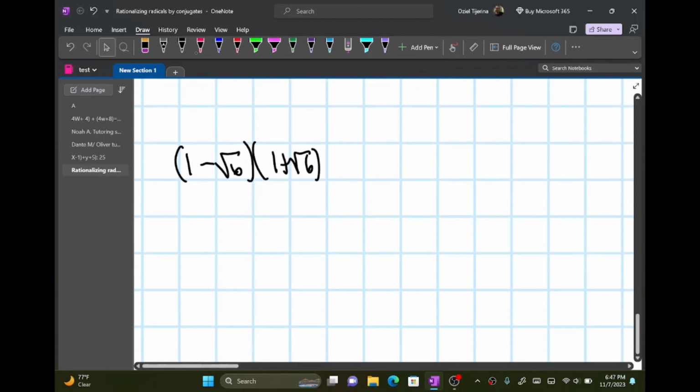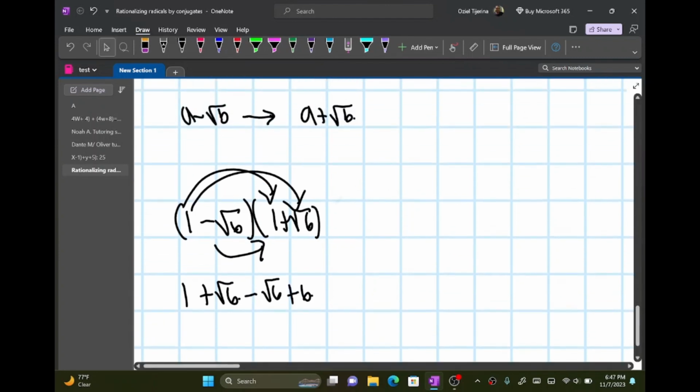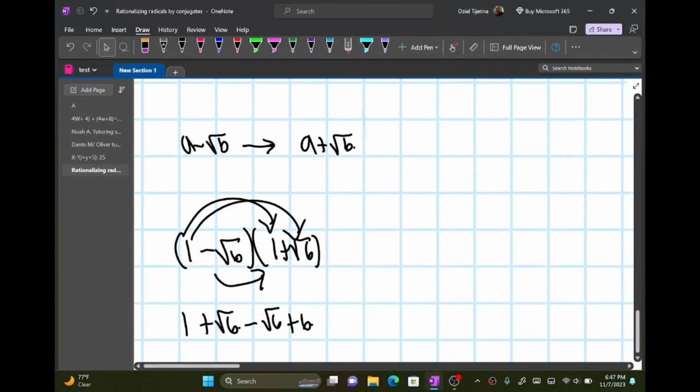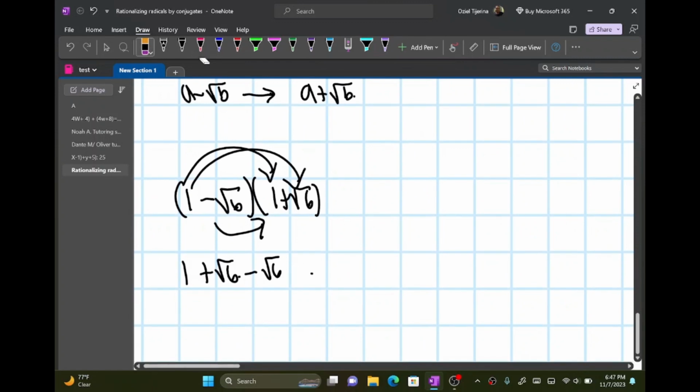It really is up to you. So we would end up with 1 plus square root of 6, really, we're just distributing this part here, and then minus the square root of 6, and then minus 6. So this will end up giving me 1 minus 6 on the bottom.